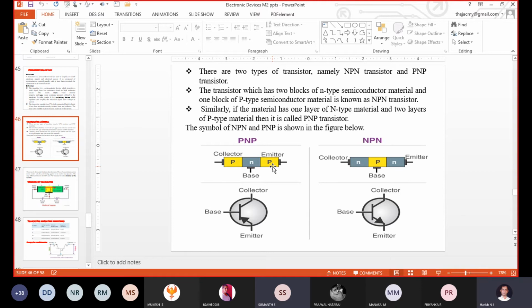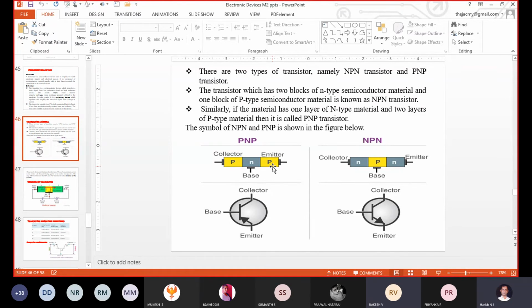Okay, any corrections or any different answers? As per your friend, emitter is lightly, base is moderately, collector is heavily doped. Is it true? Any different answers? Sir, collector is highly doped, emitter is moderately doped.